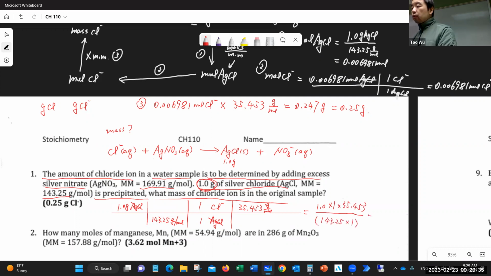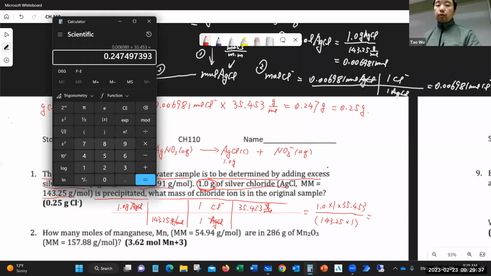If you do this, you still get the same result. 1.0 times 1 times 35.453 divided by parenthesis 143.25 times 1. You see, the answer is still 0.247.